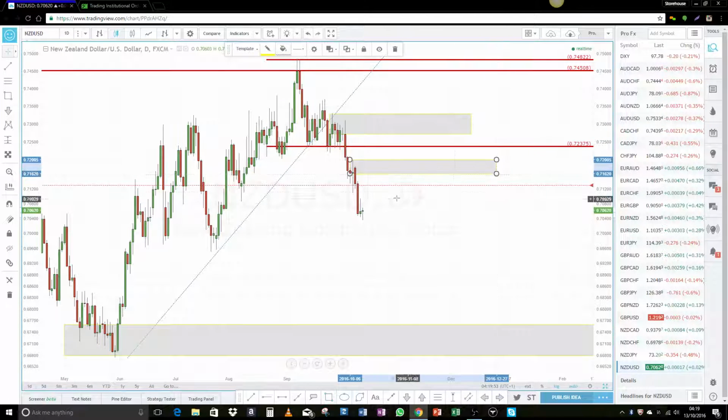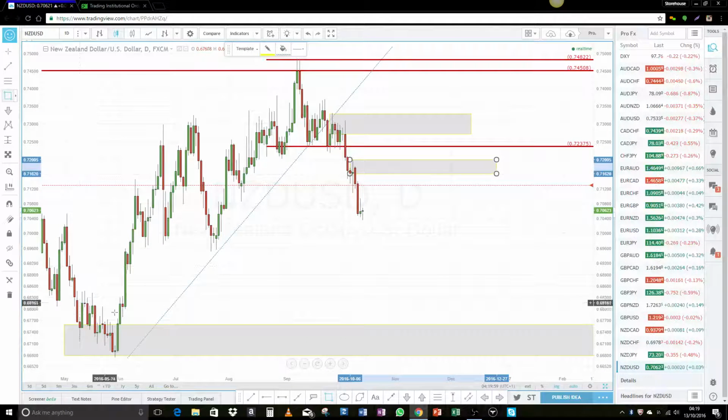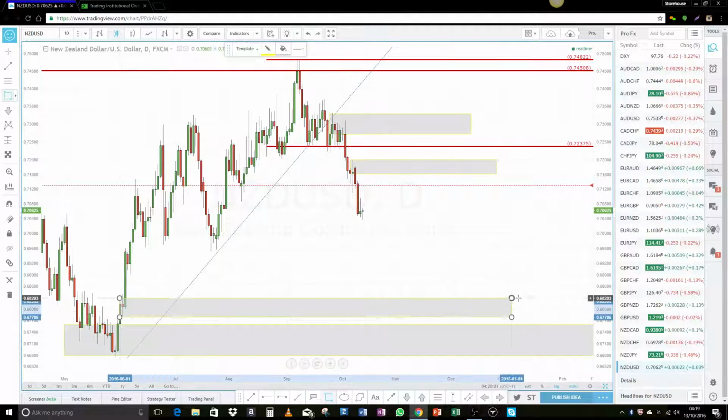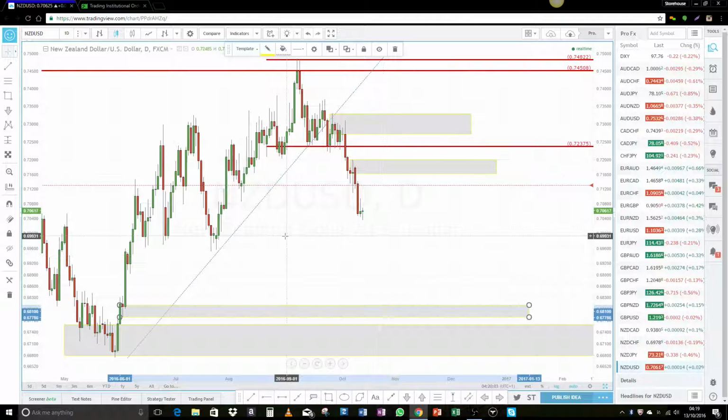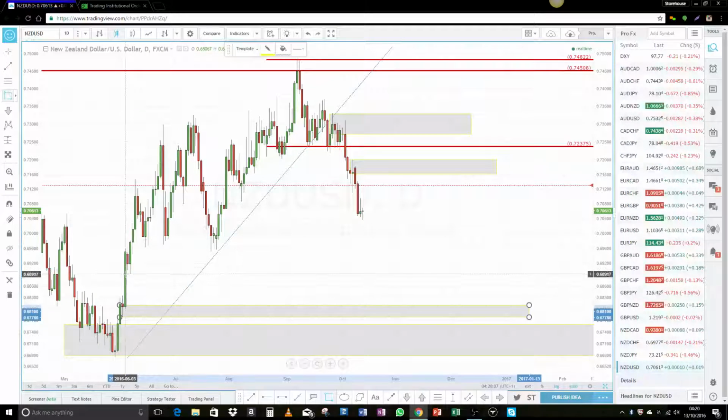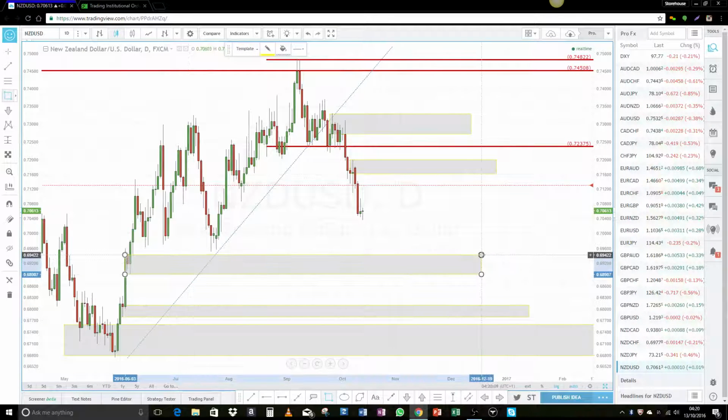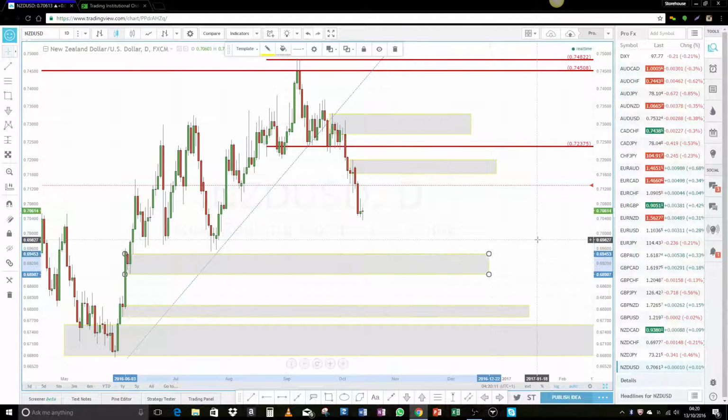So we have levels at which we might want to consider shorting. The nearest demand to watch out for is down in here for the profit margins. This one's been tested a bit, but it's still one to watch out for. So these are the levels on the daily chart that I'm watching.